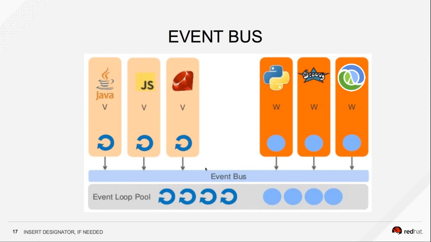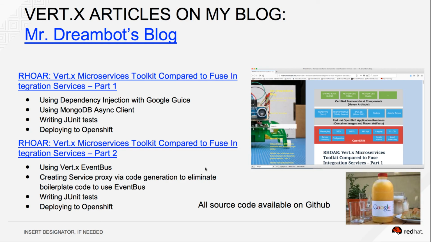That's why in this second article, I show you how to use code generation to generate all this boilerplate code so that you don't have to worry about it. It will create a virtual point-to-point connection between two verticles, and they can just send messages in there. In the background, obviously, it's going through the event bus. You learn that as well, and I also describe how you can write JUnit tests for it, and finally deploy it on OpenShift.